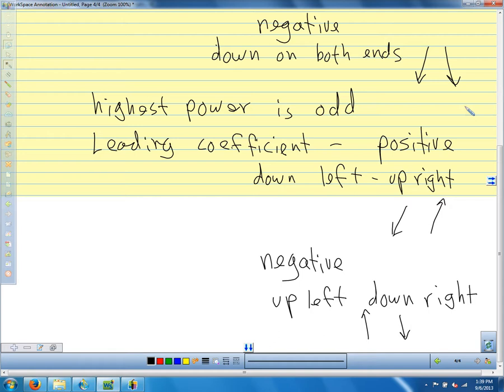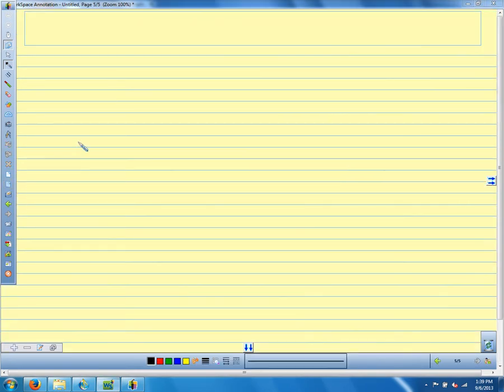Another thing we mentioned when we were talking about quadratic functions was zeros. And we said zeros were related to several different important things that had to do with the function.